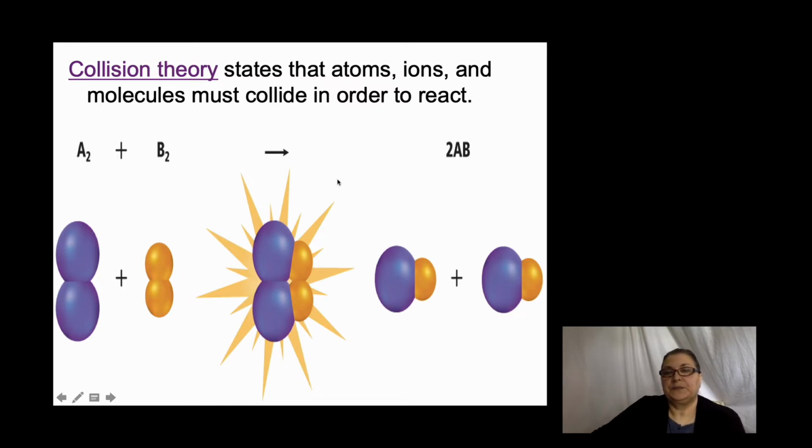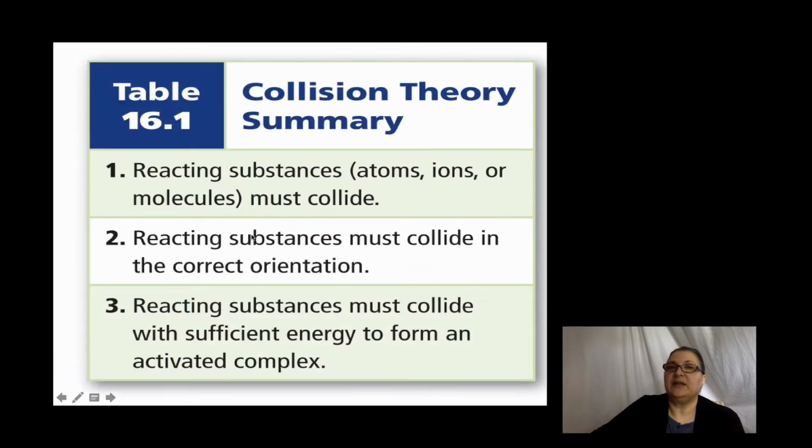Collision theory states that atoms, ions, and molecules must collide in order to react. Not only do they have to collide, but they have to collide at the right orientation and with the right amount of energy. Think of a football player.